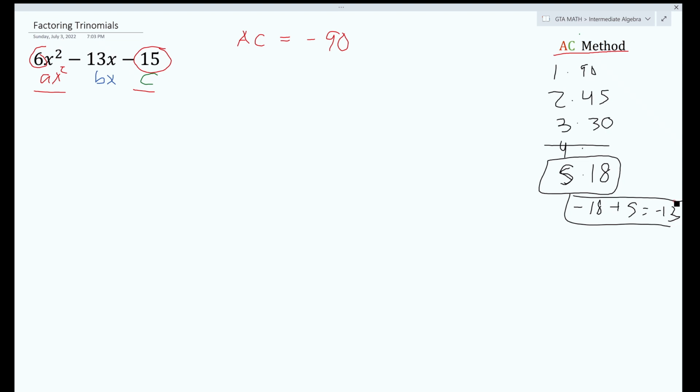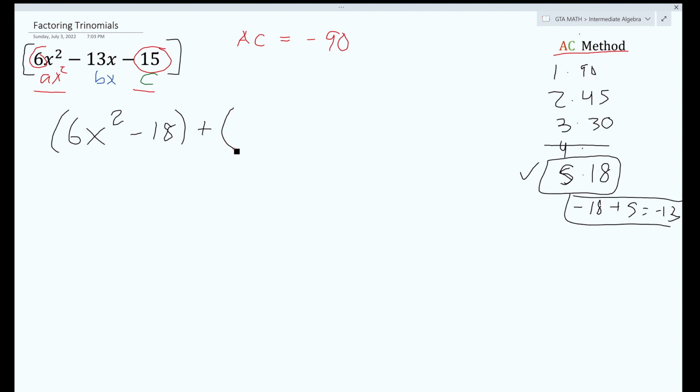So we're going to take this entire problem and we're going to rewrite it with these numbers that we have here. So the 6x squared is going to stay. And then we're going to take this 18 that's going to be negative, and we're going to pair it. And then we're going to add the next set of terms.